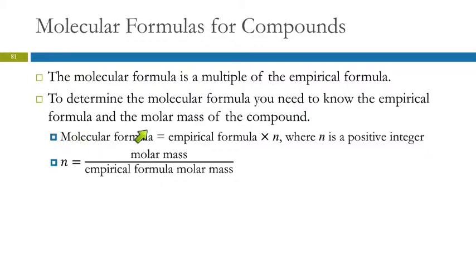So we need to find out how many empirical formulas fit into the molecular formula. They give us the molar mass, and so we find the mass of the empirical formula. Take the molar mass, divide by the mass of the empirical formula. That will give us a nice whole number, and we multiply all the subscripts.